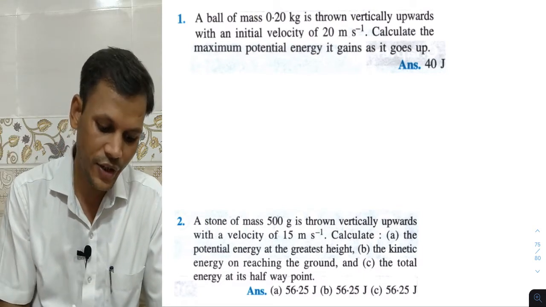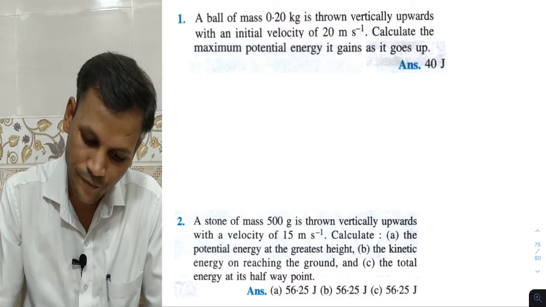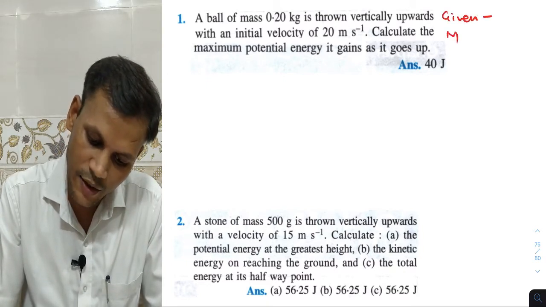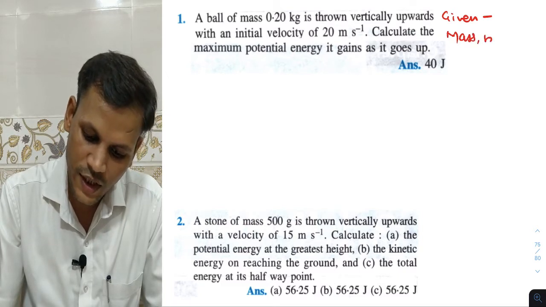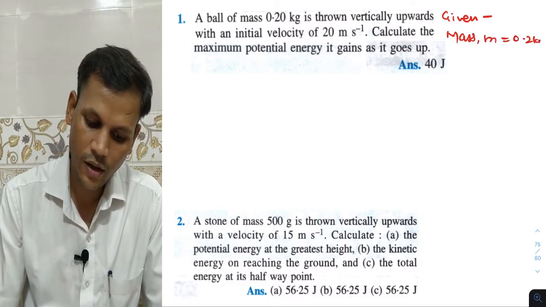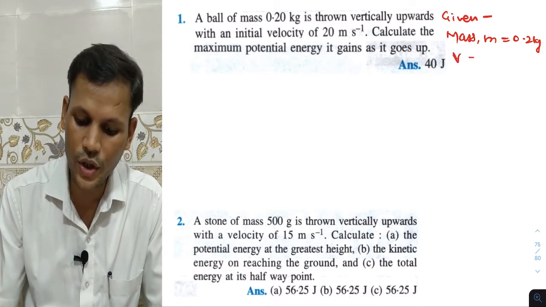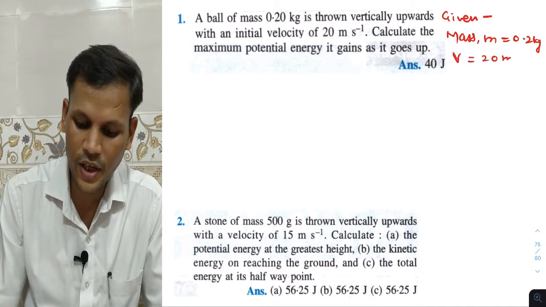So we will write what information is given. Given mass m is equal to 0.2 kg, velocity v is equal to 20 meter per second.